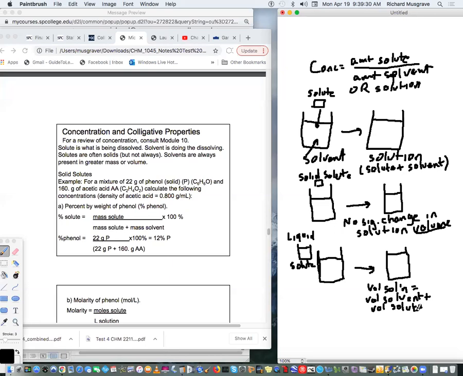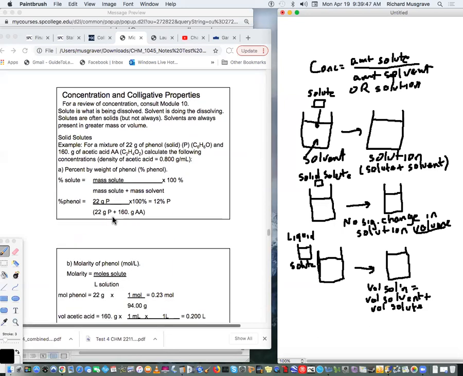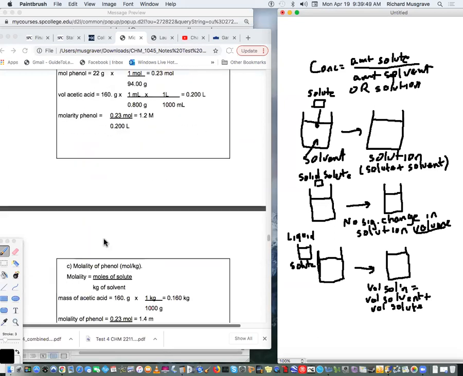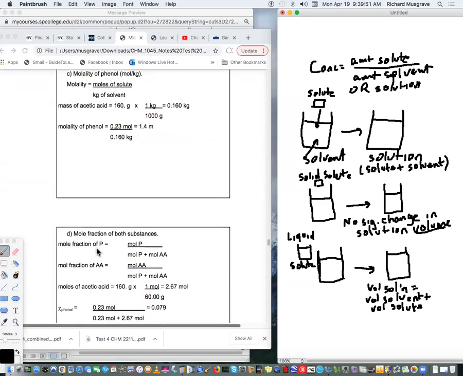All the other concentration measurements or calculations are not really affected by this, but I'm going to make a big deal of that when we get to molarity. So the 4 kinds of concentrations we're going to consider are going to be percent by weight, molarity, molality, and mole fraction.